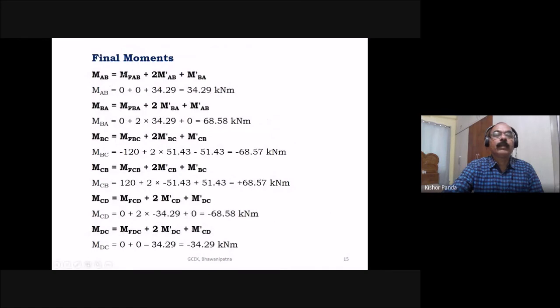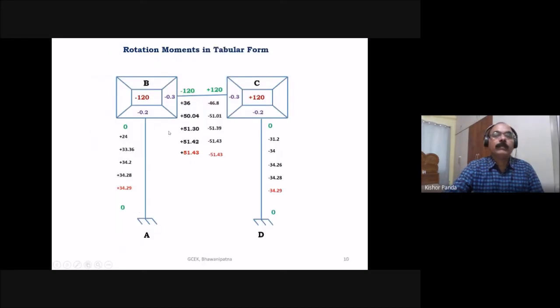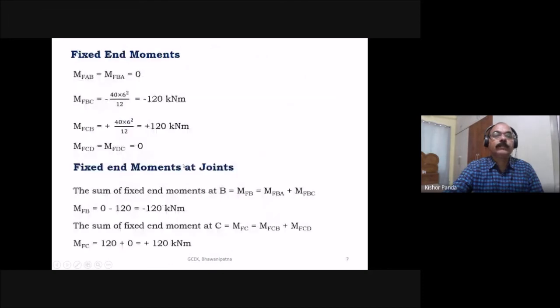So this is the formula. You have to find out MAB is equal to MFAB plus twice of M dash AB plus M dash BA. MFAB 0, MFBA 0, you know already here. MFAB 0, MFBA 0, and MFCD 0, MFDC 0. Only you got MFBC and MFCB. This is the fixed end moment, so you have to take this fixed end moment.